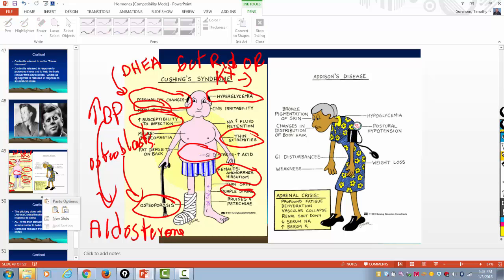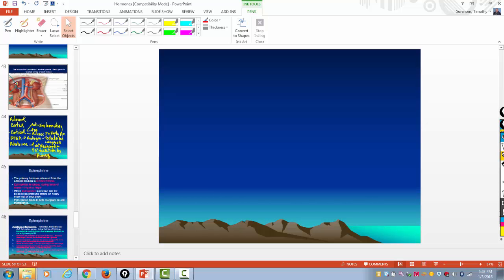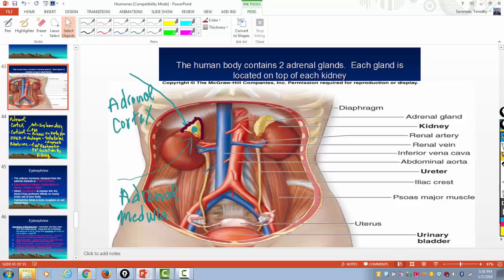So again, let's look at this. If you understand the effects of cortisol and the associated hormones that are released from the adrenal cortex, it makes perfect sense. So again, adrenal cortex, what hormones do you release from the adrenal cortex? Boom.